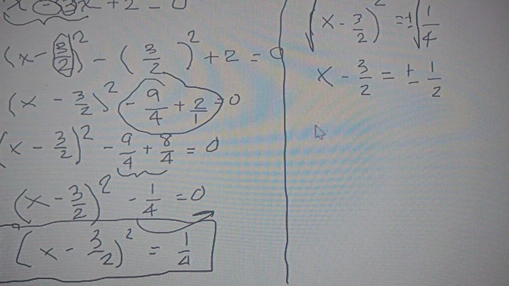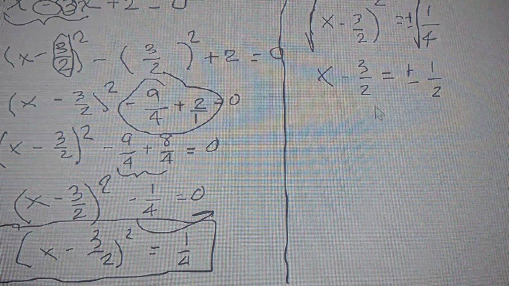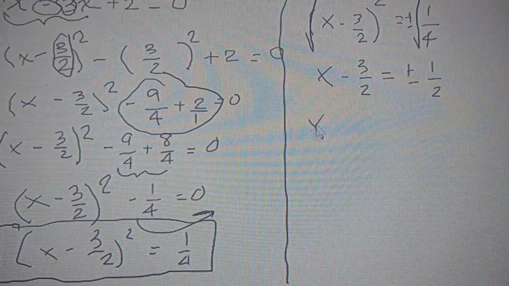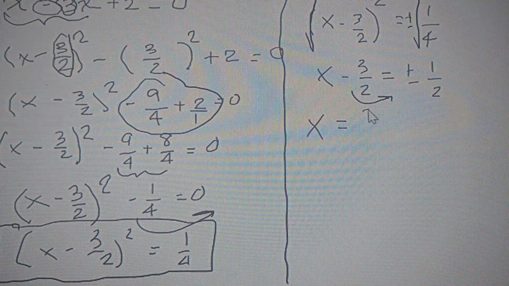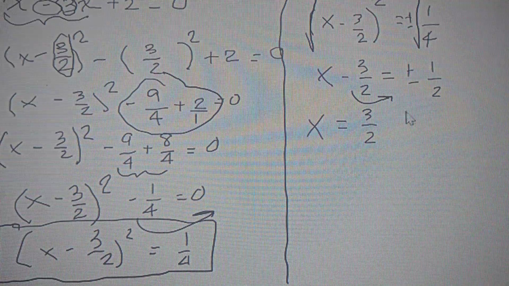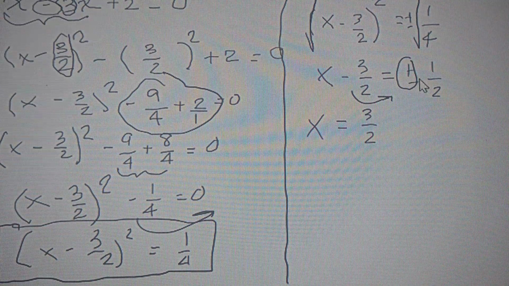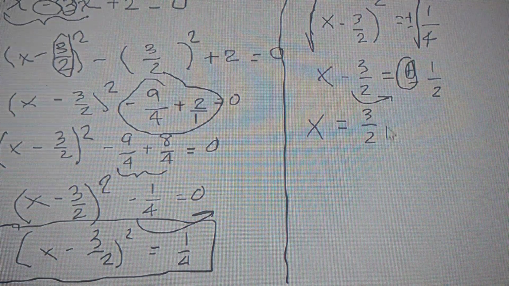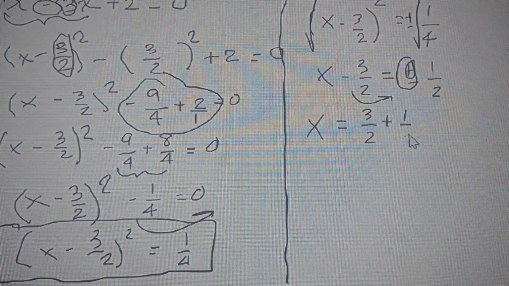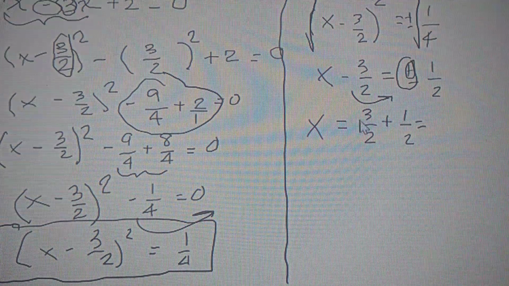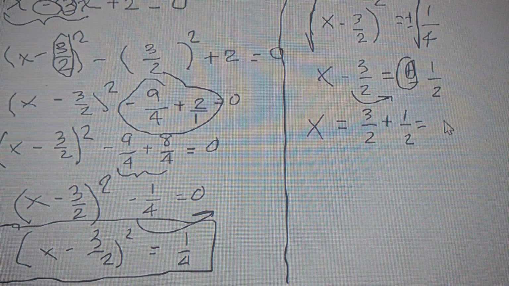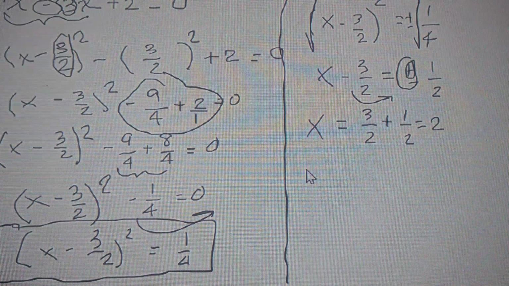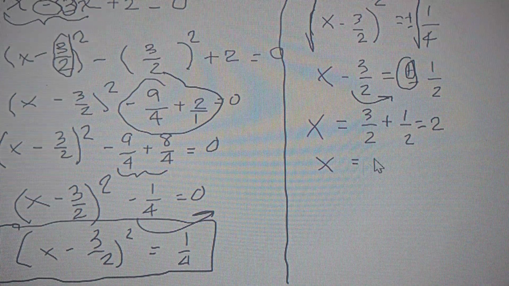So the first solution is x is equal to, put these 3 halves over here, so it'll be 3 halves, positive now. Let's use the plus first, plus 1/2, and that gives me 3 plus 1 is 4, 4 halves or 2. So the first solution is x is equal to 2.